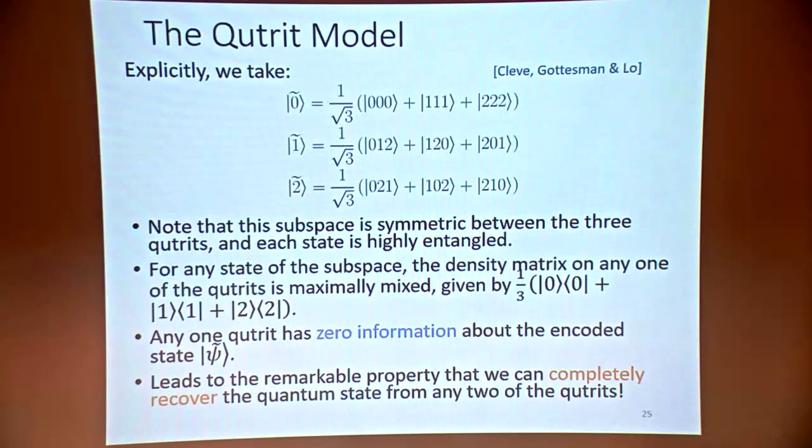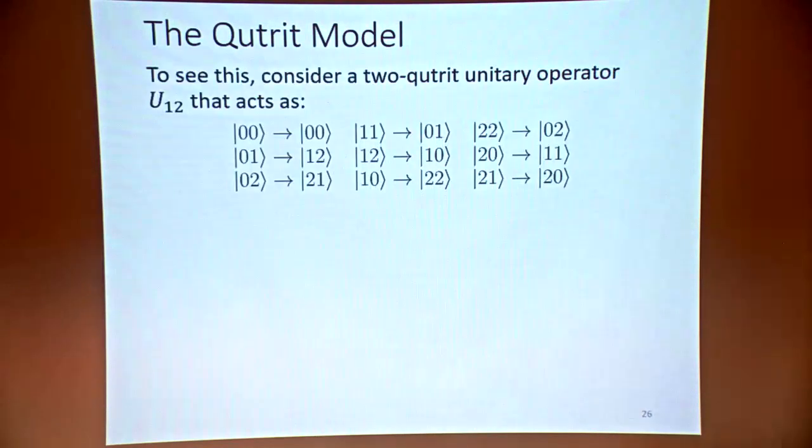So let me demonstrate that. I'll define this unitary operator that acts on 2 qutrits by acting on the basis in the following way. And I'll call it U12 just to denote the fact that it acts on the first 2 qutrits.